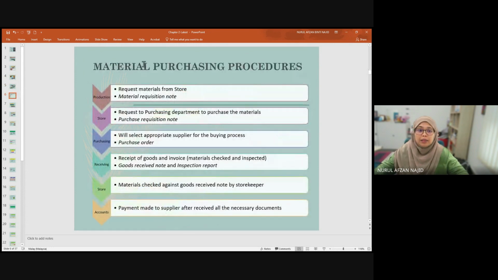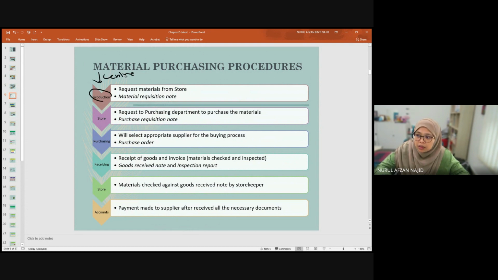And bila adanya prosedur ataupun proses tersebut, akan ada beberapa prosedur yang diperlukan untuk kita control the material purchasing. Okay, supaya apa juga yang kita buat pembelian, kita call supplier and so on, ada dokumen yang akan support the process. Okay, so for example, in the production center, so this one is the center.